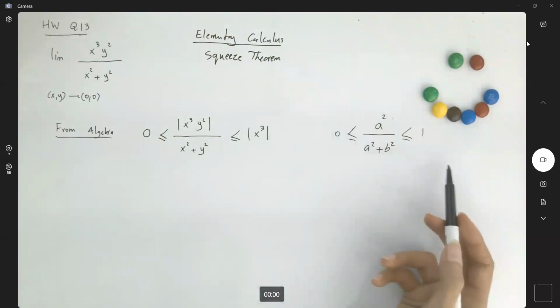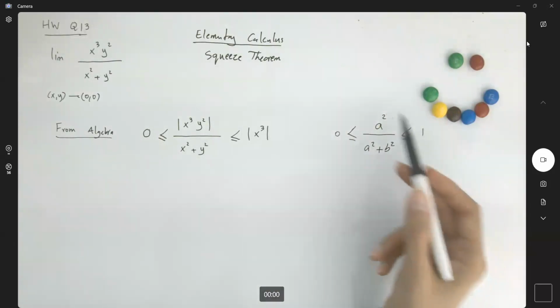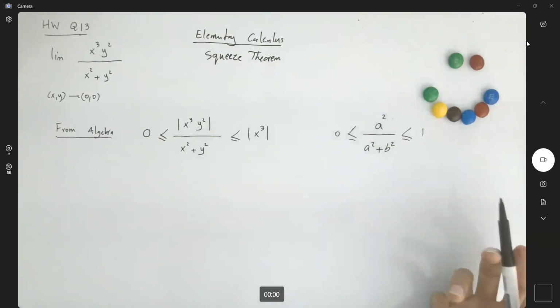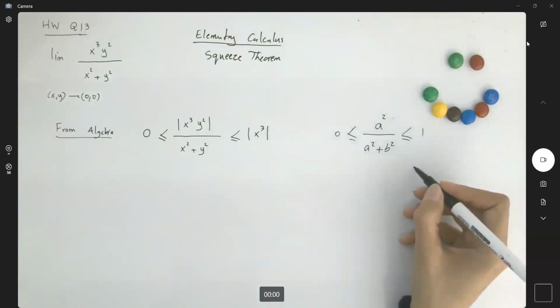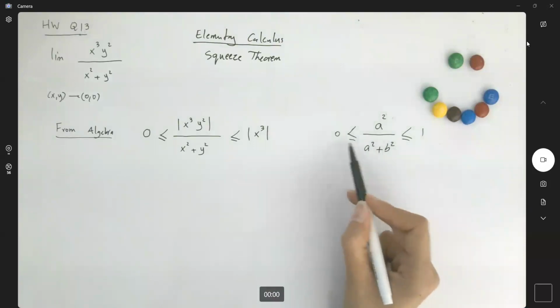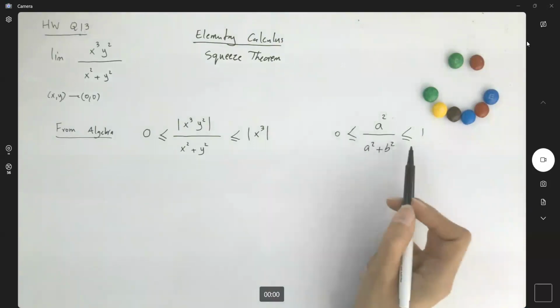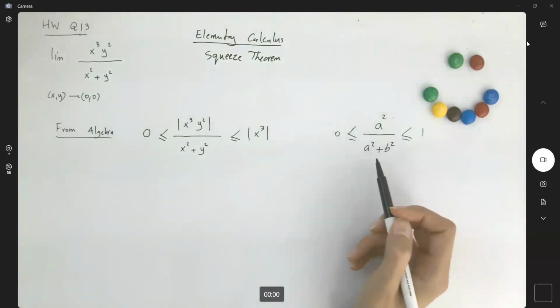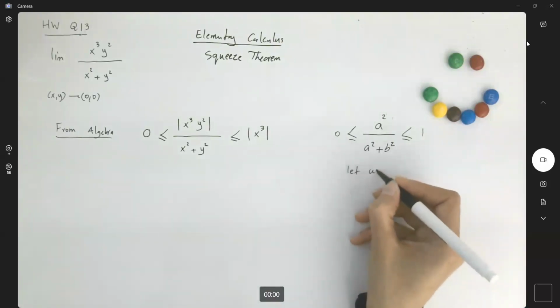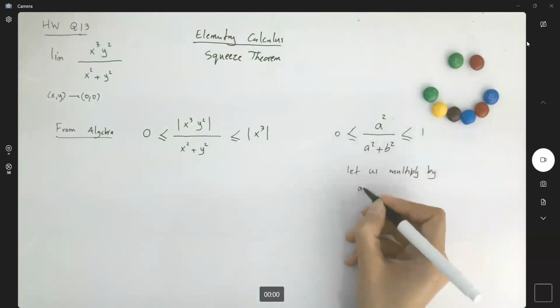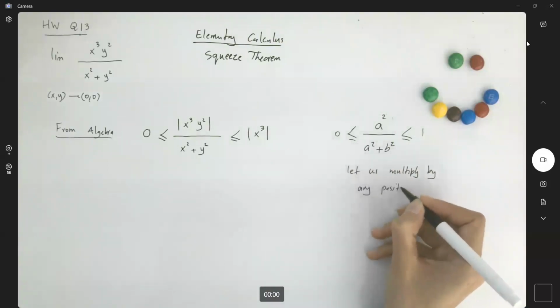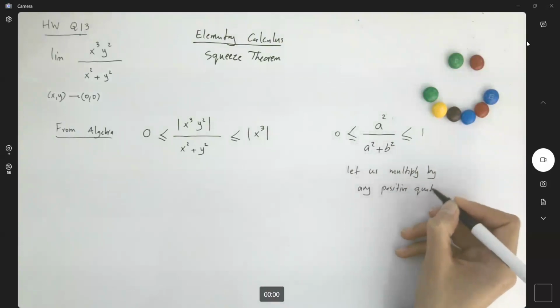Now I can multiply this inequality by something else. If that is positive, it doesn't change the order of the inequality. So let us multiply by any positive quantity.